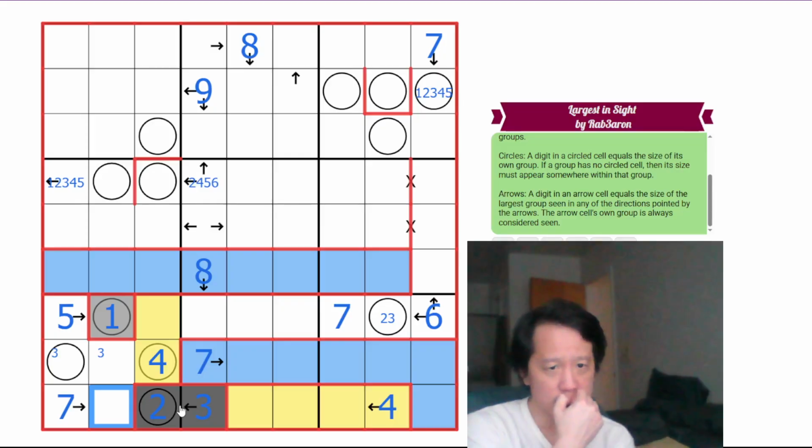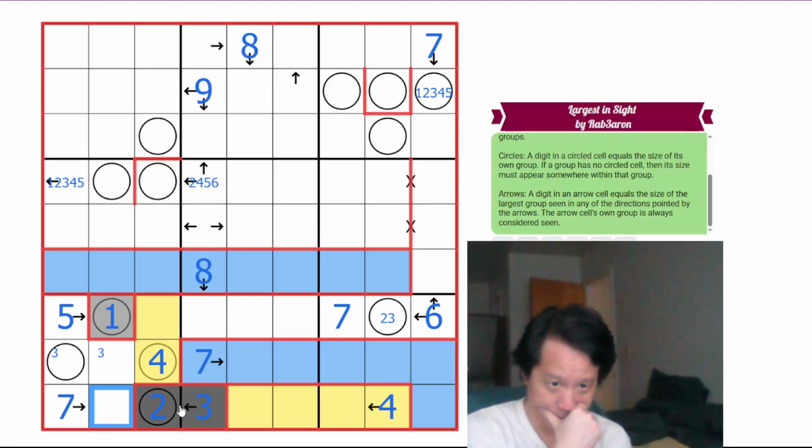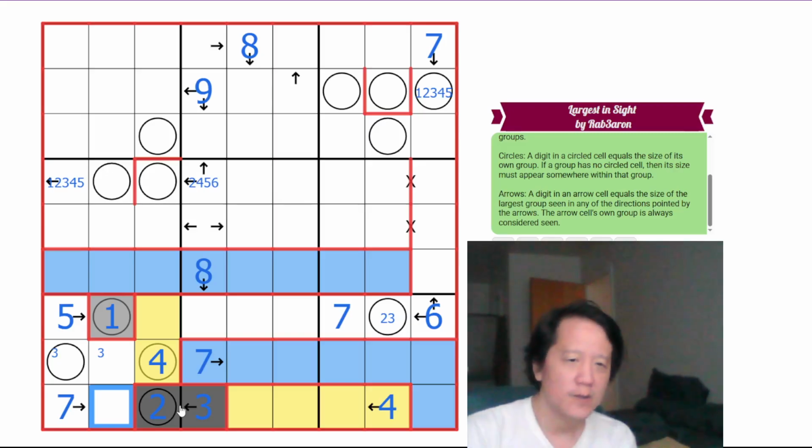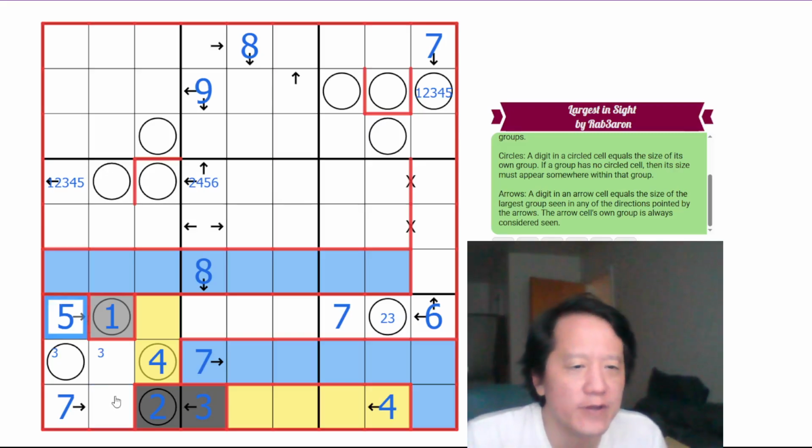I don't see how that works. Because this is blocked from any other region, so it has to go here as a group. But it's not going to be 1.